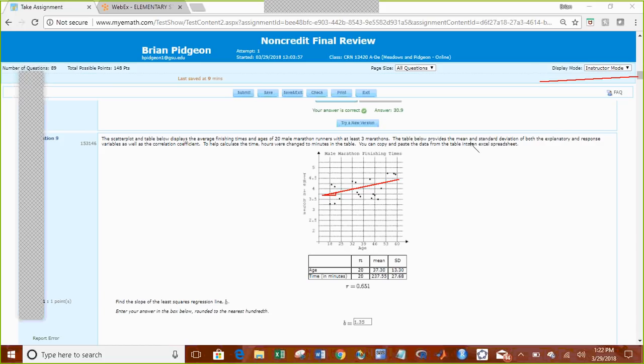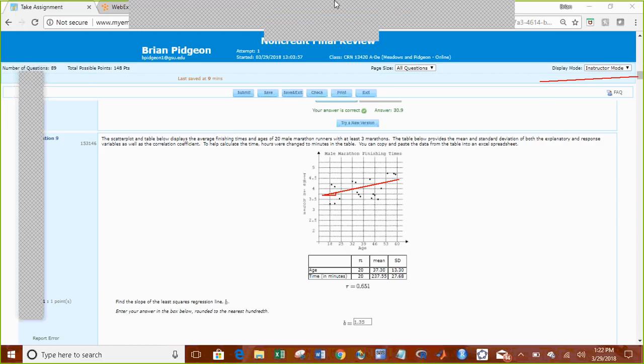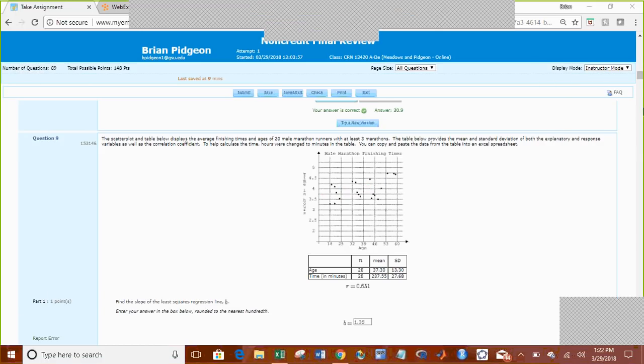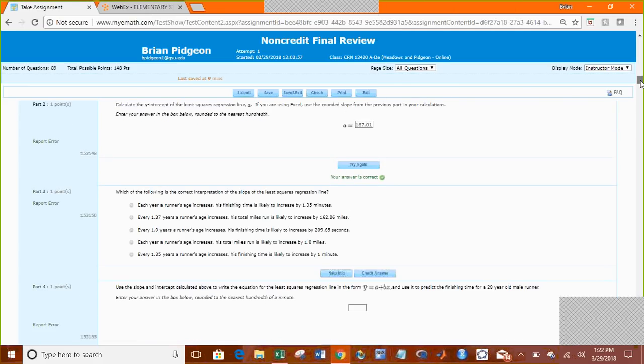So I don't want empty anymore. Even more empty. So go down a little bit more. So every year that the runner's age increases, his finishing time is likely to increase by 1.35 minutes. Sorry, I didn't say hours.